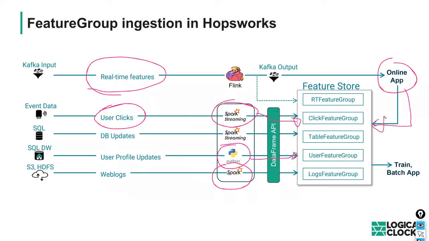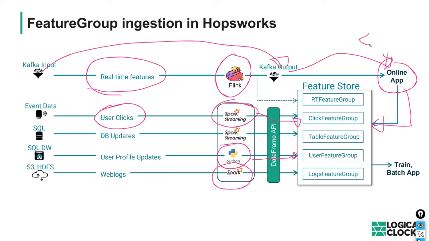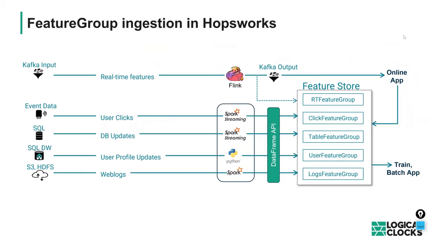So we won't have time to materialize the data in the feature store and pull it out within 2 seconds. So we can use platforms like Flink to transform the features and get the data in less than 2 seconds. But at the same time, that Flink application can still materialize that data to the feature store to make it available later on for training, if you want to do so.